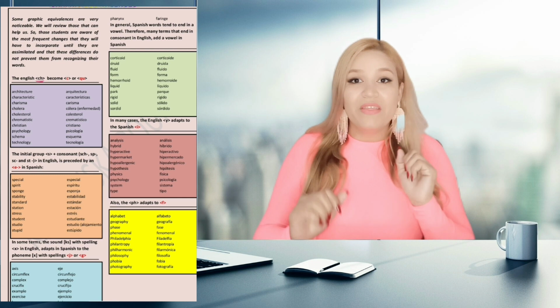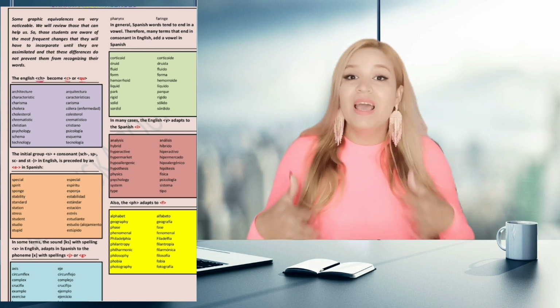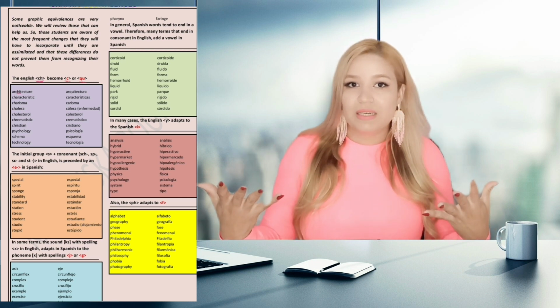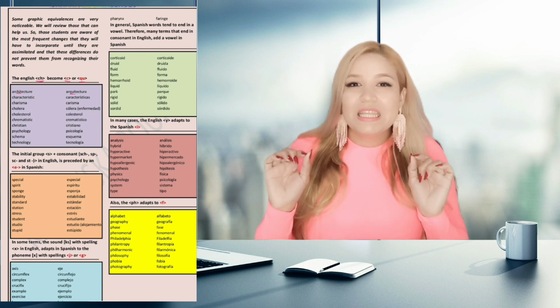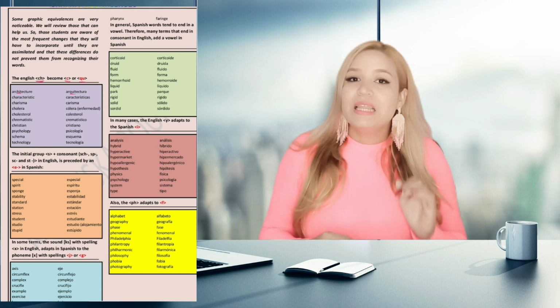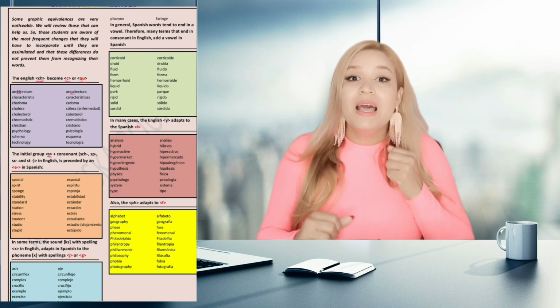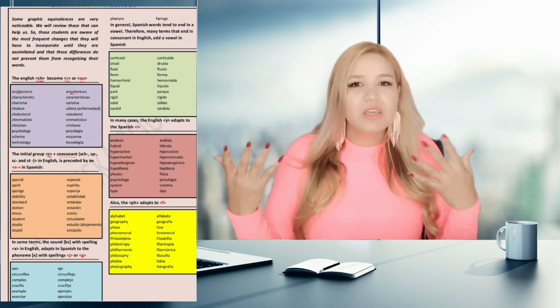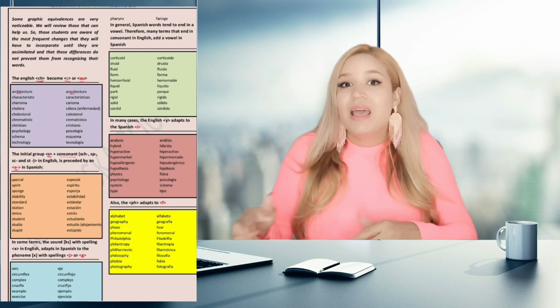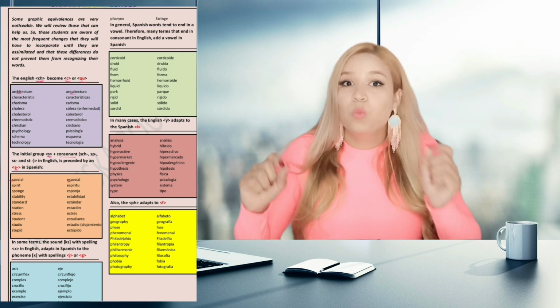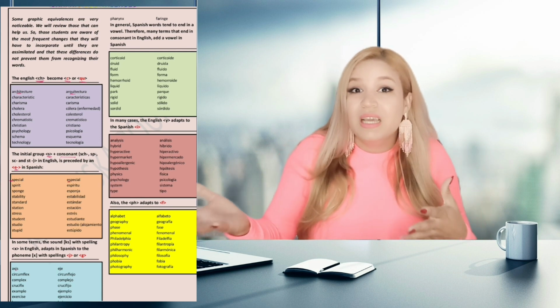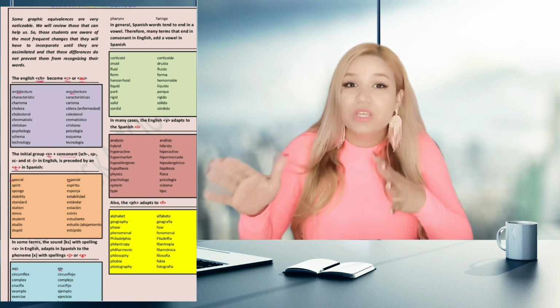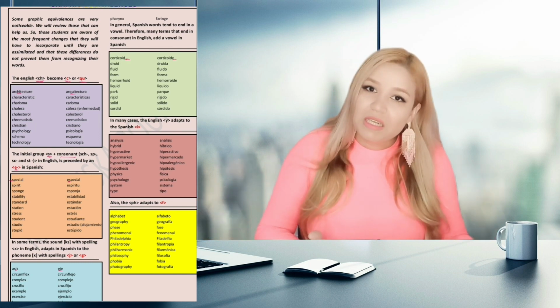You must know that there are several Spanish words that have English counterparts, but with a slightly different spelling. The technique I want to show you includes learning some graphic equivalences, which means that there is a pattern: by changing only one letter in a word, you can tell how this word is spelled in Spanish.